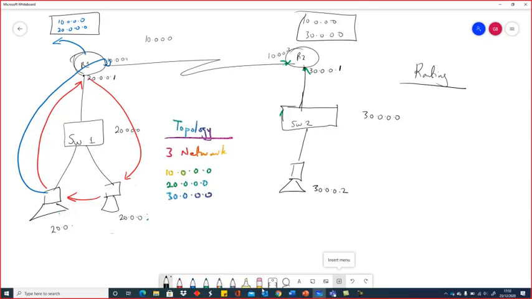But we said on R1 we have only two networks, and on R2 we also have only two networks. So what routing will do is, first of all, routing will help us find the missing networks.